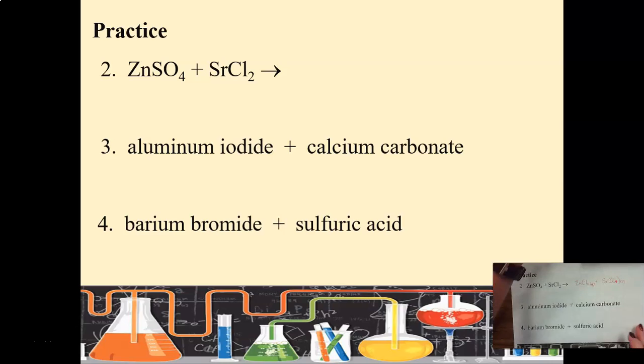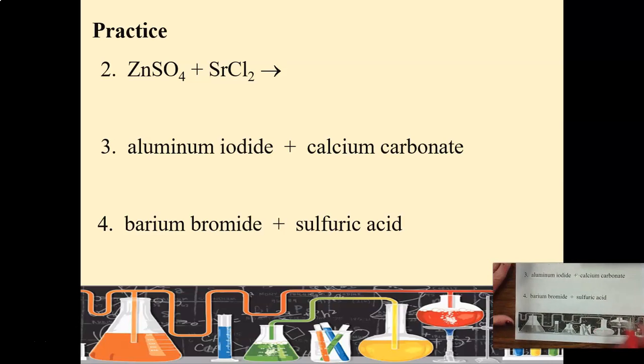All right, next compound. Aluminum iodide. So aluminum is Al, iodine, I. Aluminum has an oxidation number of +3, iodine's -1. So it'll be AlI3 plus calcium carbonate. Calcium is Ca, carbonate CO3. Calcium's oxidation number is +2 because it's in group 2.